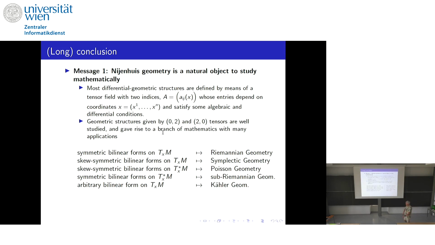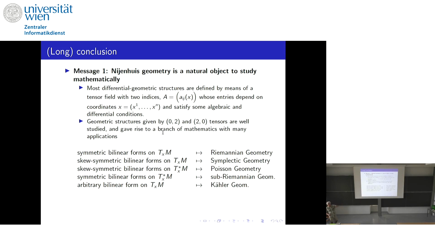In this case there are also conditions, but you don't need them for the definition. A symmetric bilinear form gives sub-Riemannian geometry. An actual bilinear form gives rise to Kähler geometry, because you have a symmetric and a skew-symmetric form, and you can pack them into one form. Here we have strong algebraic conditions: the form should come from a complex structure.